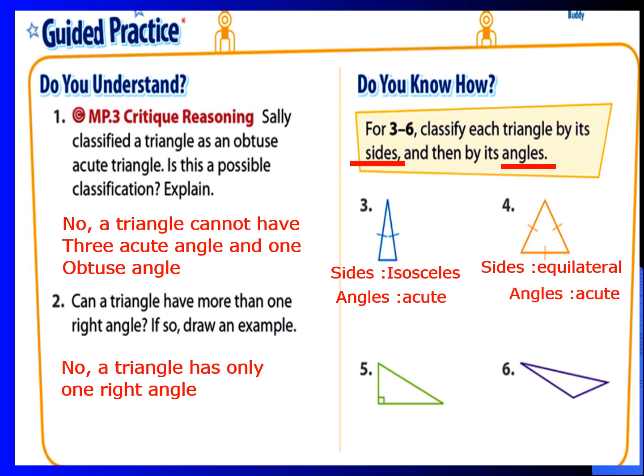Question 5, there is one right angle here, but the sides are all different, so it's going to be a scalene triangle and a right triangle, because there is one right angle here. For that one, there is an obtuse angle here, which is so clear, and the sides are different, so this one is going to be scalene, and it's going to be obtuse because there is one obtuse angle here.